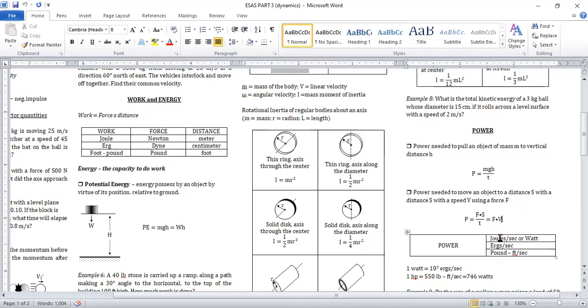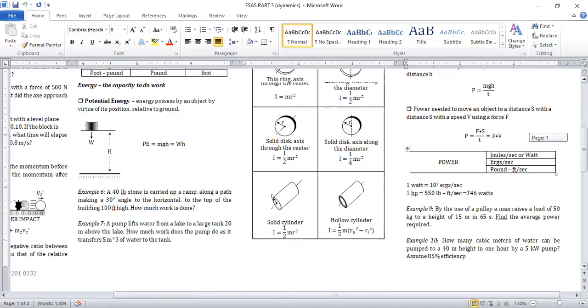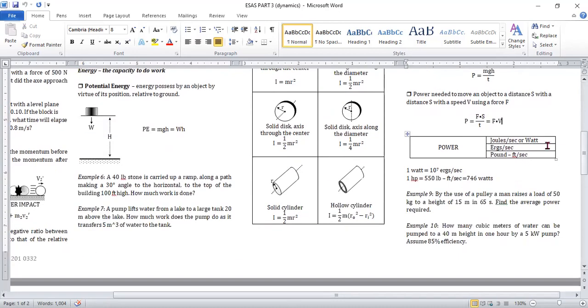Okay, so these are the units, no, of power. So you have their joules per second or watts, ergs per second, pound foot per second. No? So that's the units for power. And then we have here the conversion factors. No? So to convert one unit to the other. Okay, so you have the watts to ergs, horsepower to watts, and horsepower to pound foot per second.